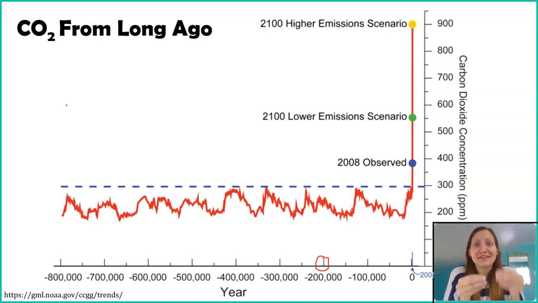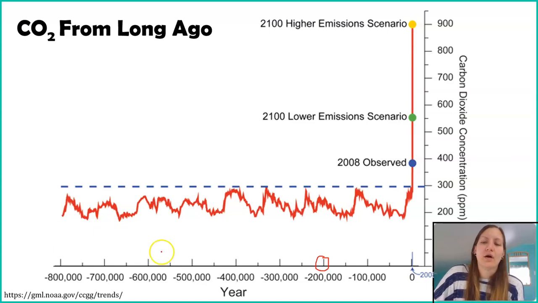And that air is essentially a pocket of air from 500,000, 600,000, 700,000 years ago. They're able to run a composition analysis where they can tell, in this sample, there's this amount of oxygen, this amount of nitrogen, this amount of carbon dioxide. So that's where all this data from before the early 1900s comes from.